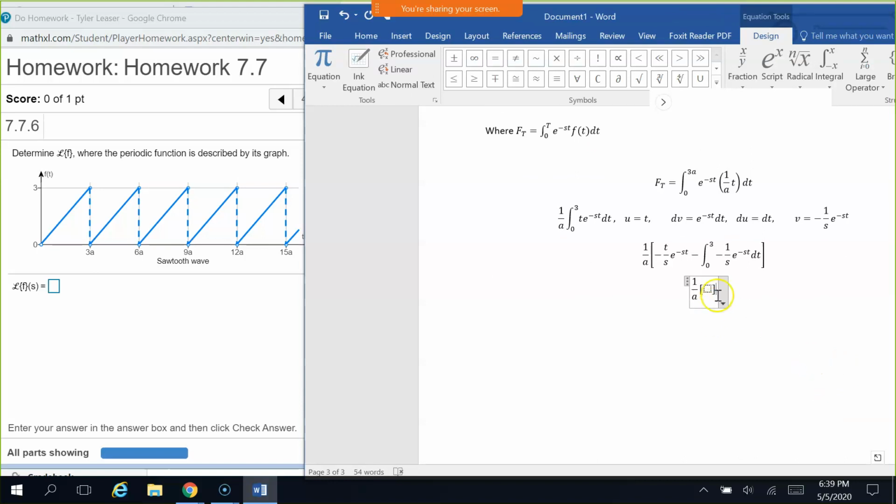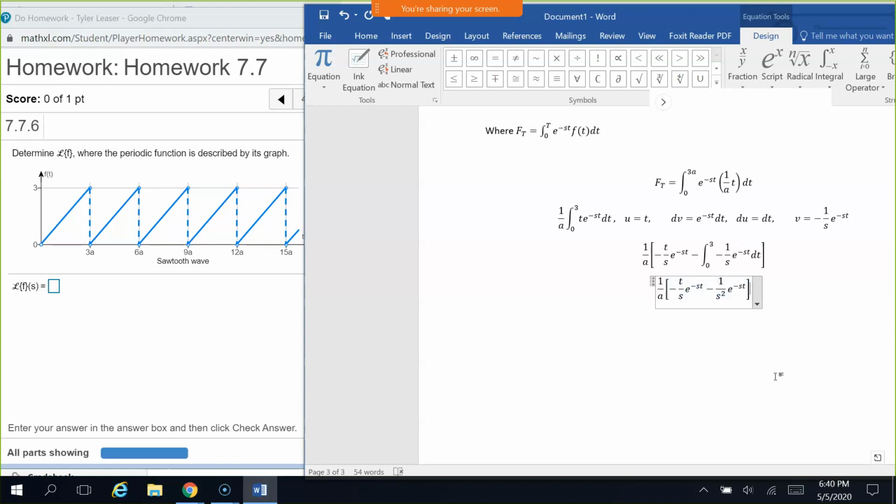All right, just continuing on, just to leave this term alone, the negative t over s e to the negative st. Here, my double negatives cancel out. I have a 1 over s, but then the antiderivative of this is going to bring down another negative 1 over s. So we get negative 1 over s squared e to the negative st.